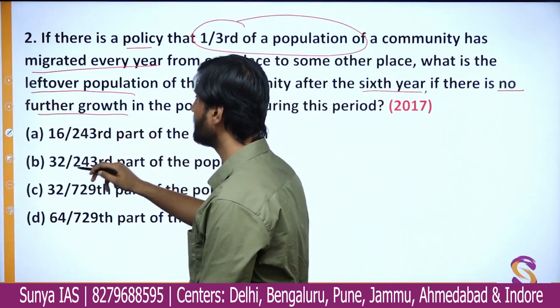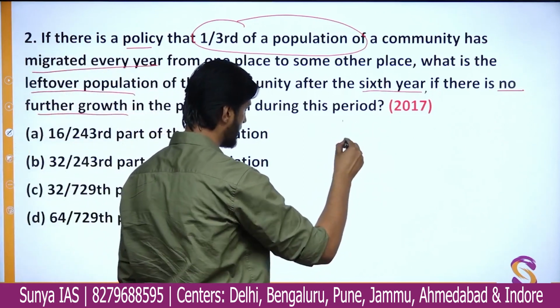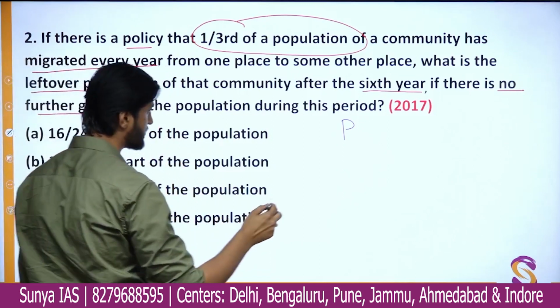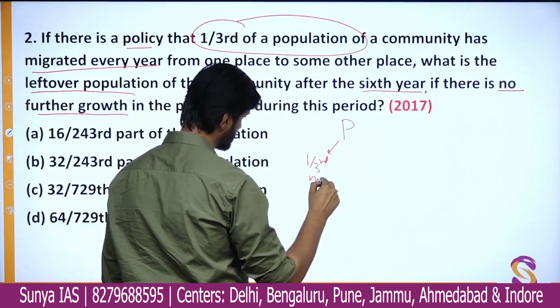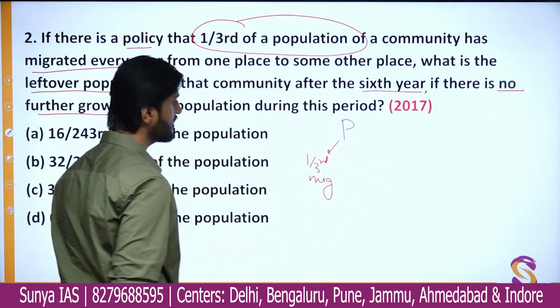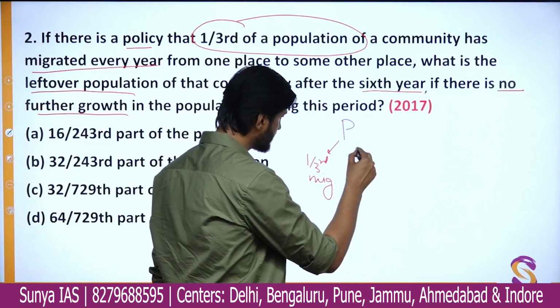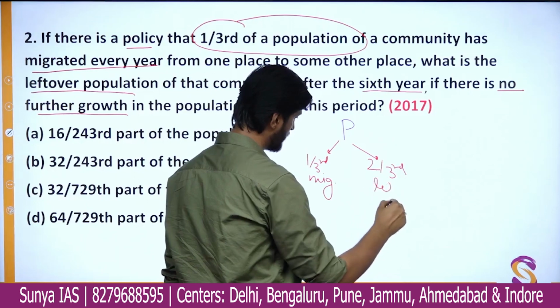Suppose you have some population, let's assume the population to be P. The policy is that 1/3 of the people are migrating every year. If 1/3 are migrating, how many are left? The leftover population is obviously 2/3.